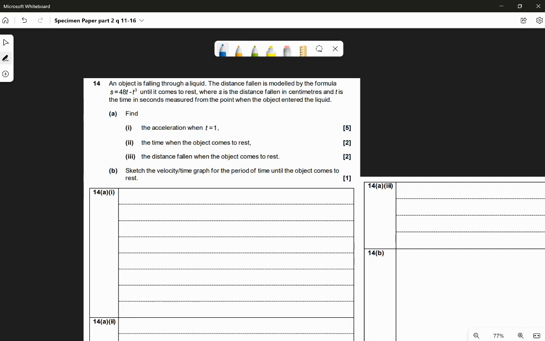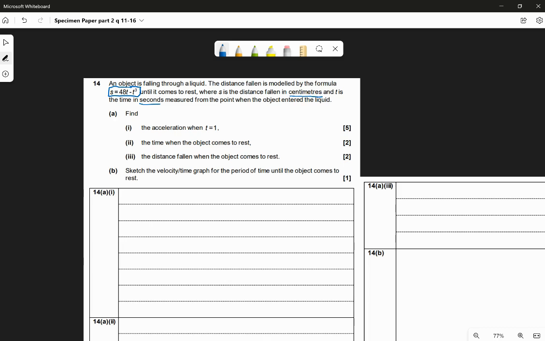Okay, so we're dealing with centimetres. And t is the time in seconds, measured from the point when the object entered the liquid. Okay, so we are given a formula for the displacement. In fact, for the distance fallen of the object.